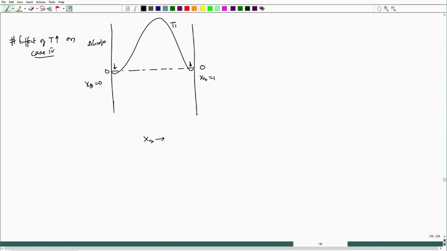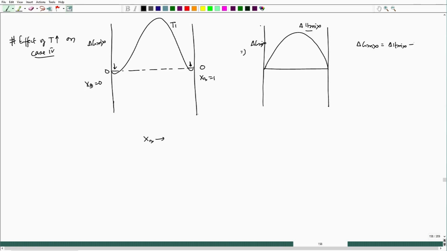Now, if I increase the temperature, then I can have a situation like this, delta H mix, which would not vary with temperature. This is delta G mix if I try to plot. So, delta G mix is nothing but delta H mix minus T del S mix, fine. So, this term will further go down.